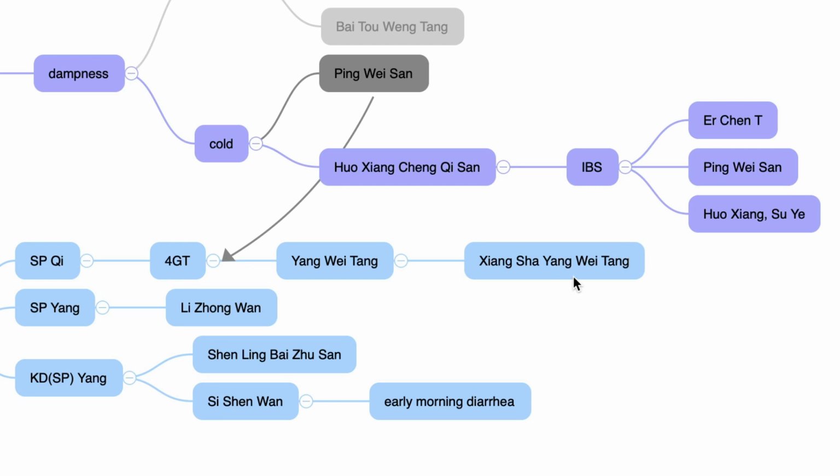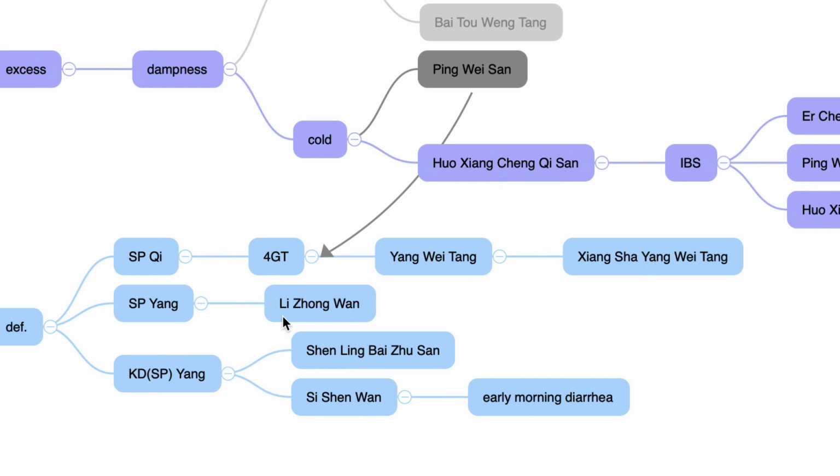And also you can use Xiang Sha Liu Jun Zi Tang if there are phlegm signs. And how about Li Zhong Wan? Li Zhong Wan only treats yang deficiency. So the patient should have coldness in the lower abdomen. So yang deficiency. So a different mechanism. This is for yang deficiency.